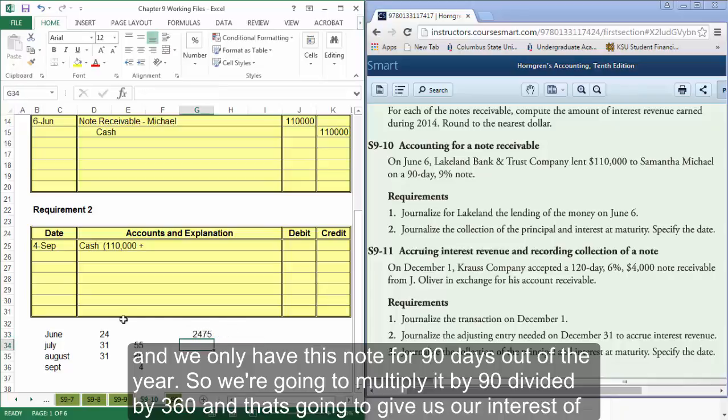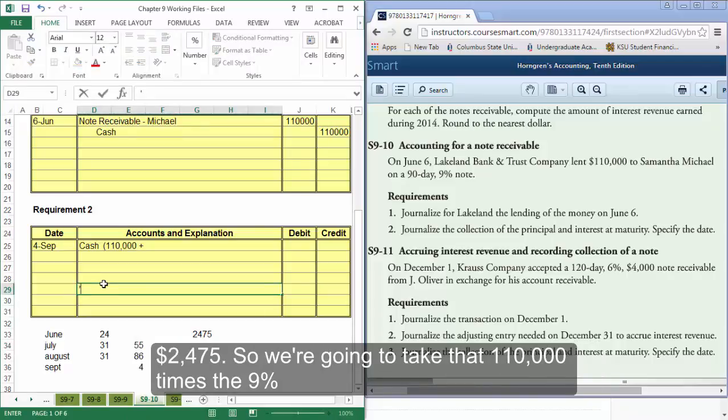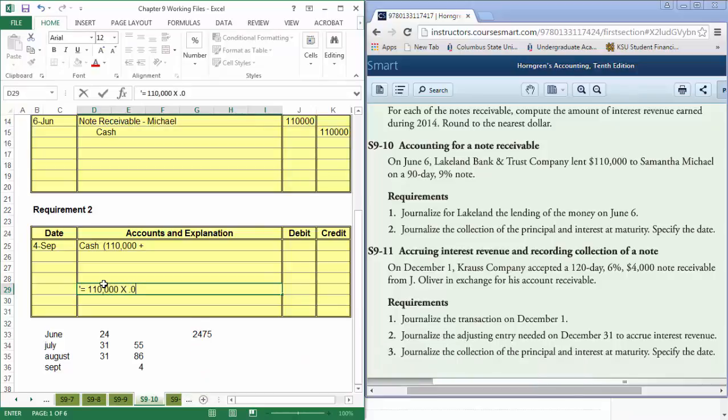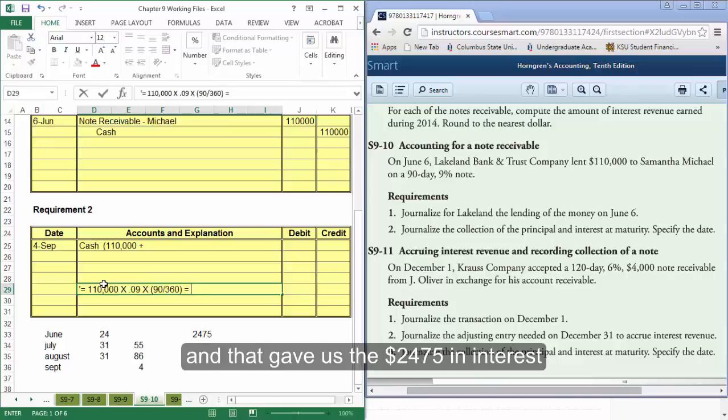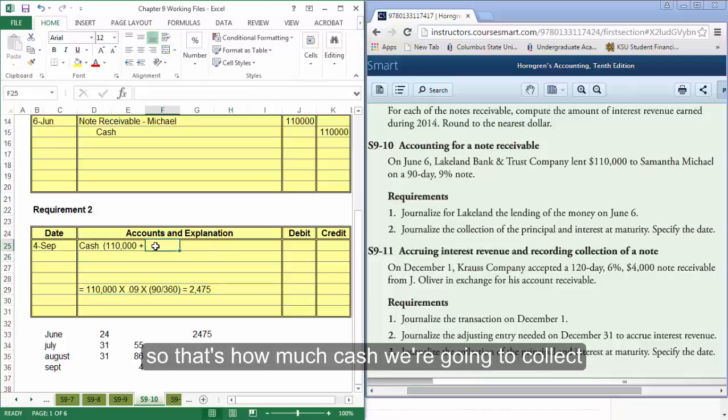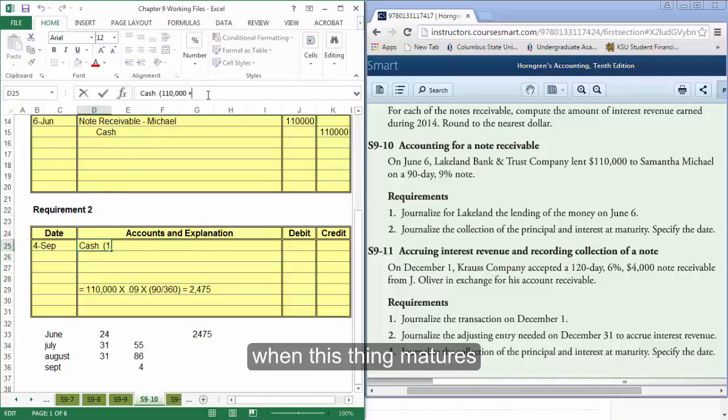That's going to give us our interest of $2,475. We took the 110,000 times the 9%, times 90 days over 360, and that gave us the $2,475 in interest.